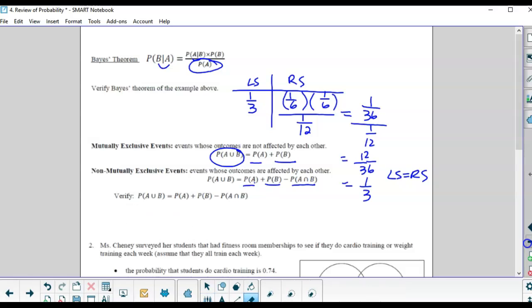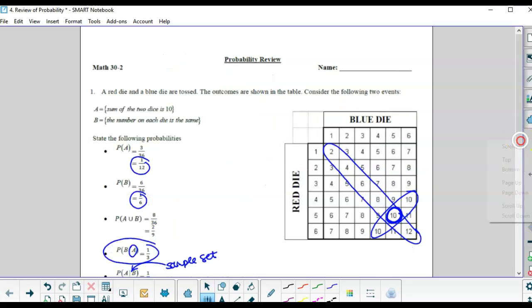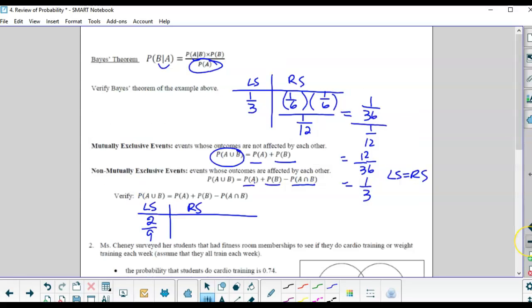the example that we started with, those were not mutually exclusive because there was that 1/36 that was in both sets. So the union of all of that, remember the left side, the union was reduced, was 2 over 9. If we look at the right side, probability of A was 1/12, B was 1/6.